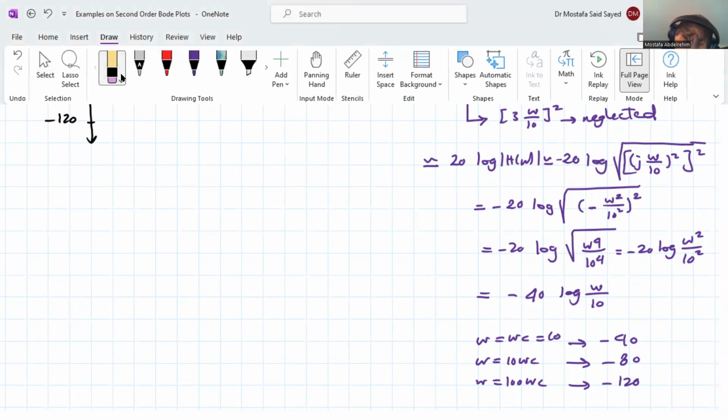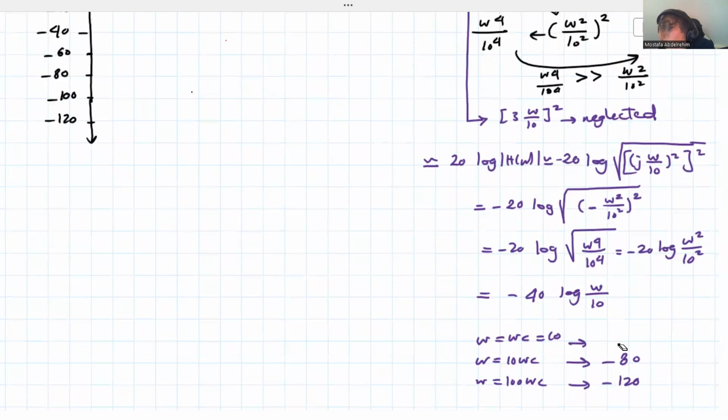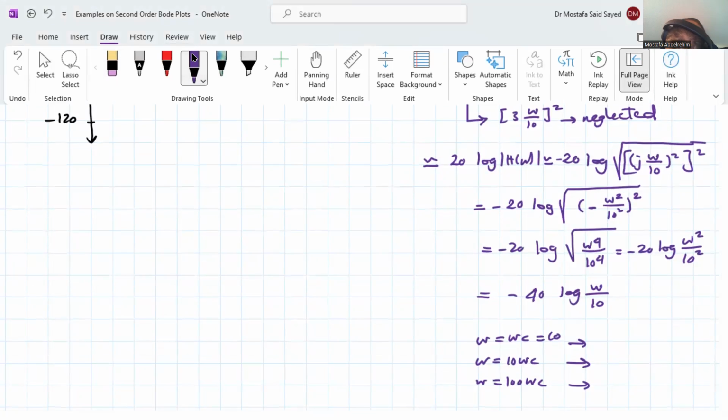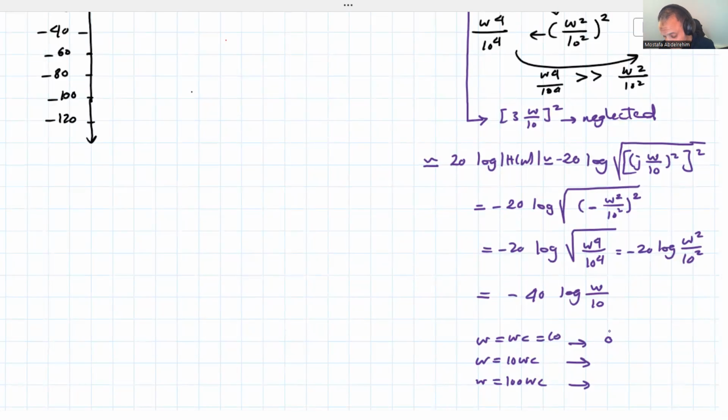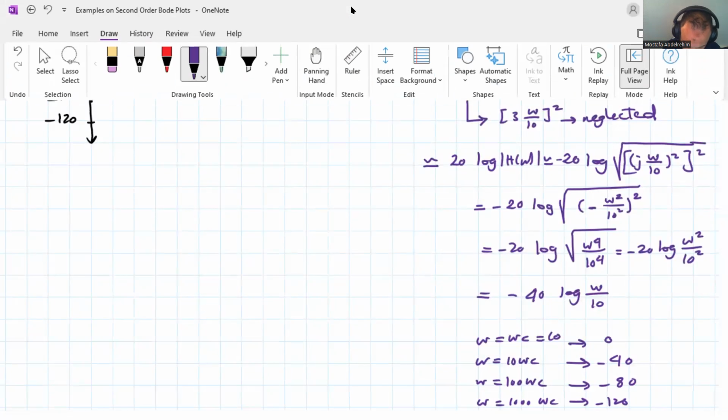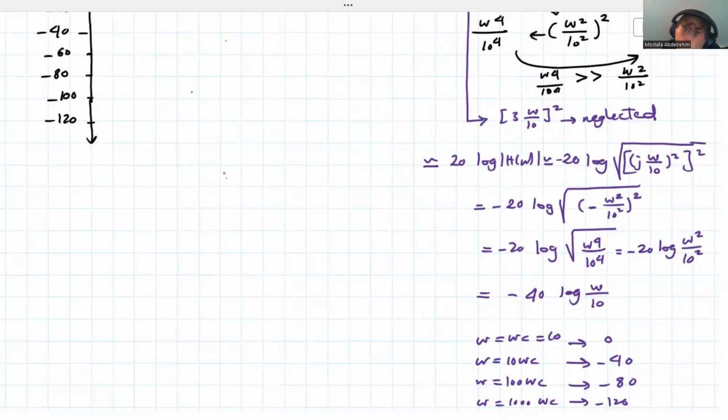So, okay, when omega equals omega c, log 1 is 0, so that's 0. When omega equals 10 omega c, that will give us log 10. Log 10 is 1, that's minus 40. 100 is minus 80. Omega equal to 1,000 omega c, that will give us minus 120. Sorry for that. Let's go back to it again.